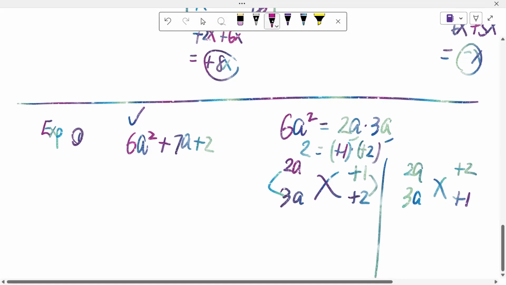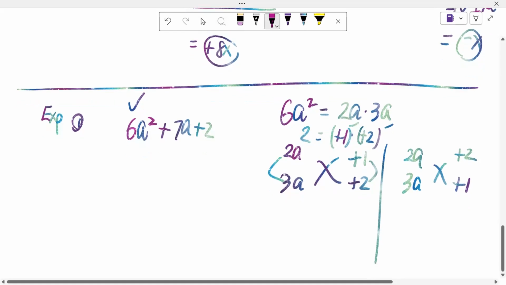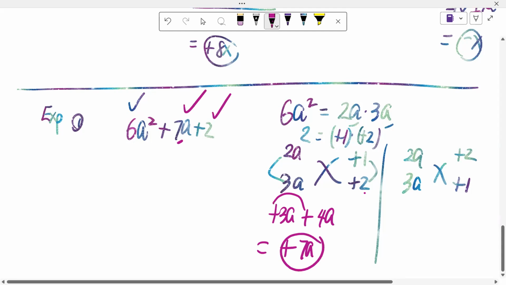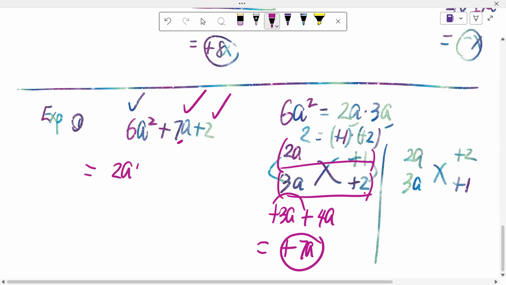Let's confirm the middle term. So we do plus 1 times 3a, that's positive 3a. Plus 2 times 2a, that's positive 4a. We combine them, positive 3a plus 4a is 7a. Middle term confirmed. All three terms are confirmed. That means this is the correct combination here. So this becomes 2a plus 1, 3a plus 2.